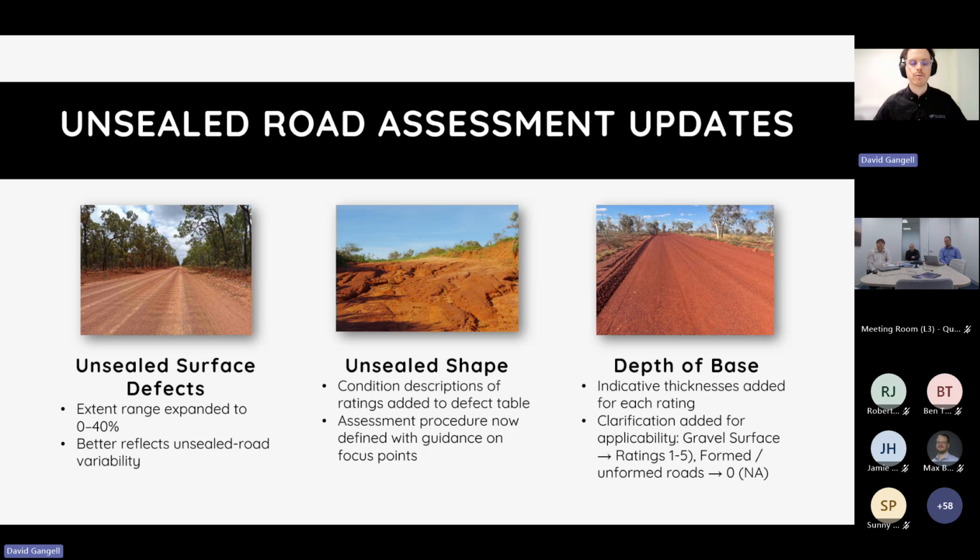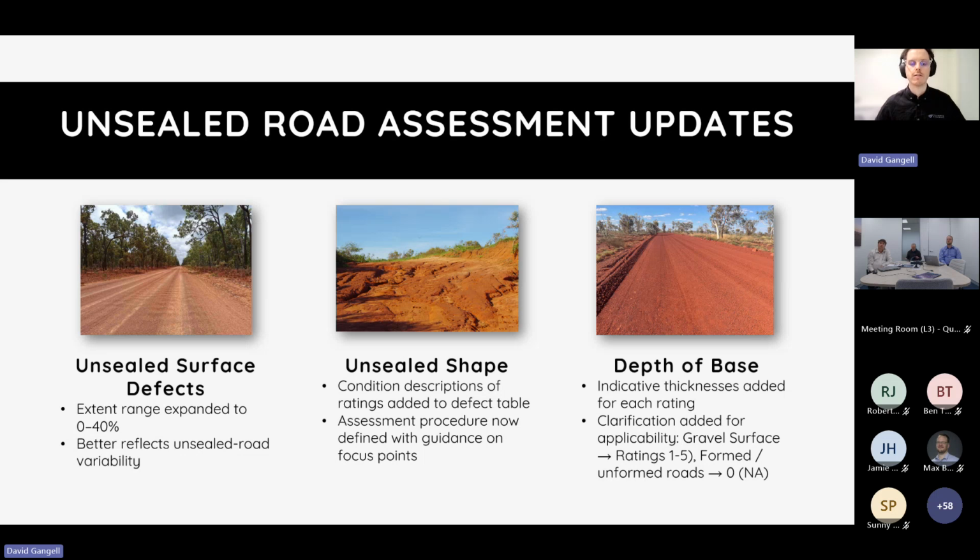And then the depth of base was one that had also previously been a bit unclear. For an unsealed road, in the case of it not being a gravel surface, so essentially a formed or unformed road, a rating of 0 should be applied, in terms of not applicable, rather than being considered as very poor.